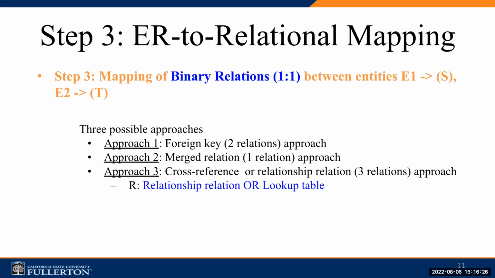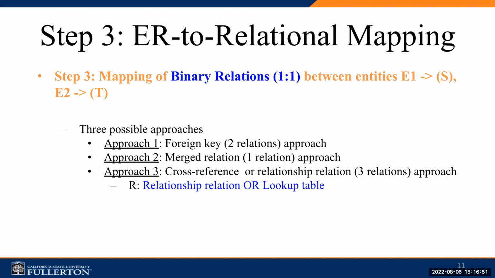Now, the third step involves including all the relationships of the type 1:1. Let us consider two relations, S and T, and we are going to take them from two entities, E1 and E2. E1 corresponds to relation S and E2 corresponds to relation T. There are three possible approaches.